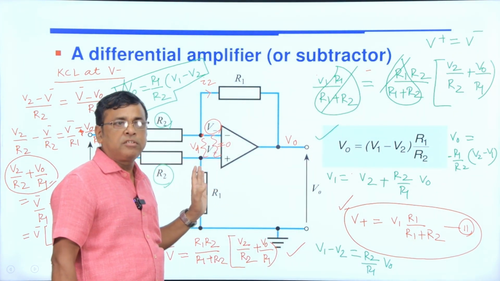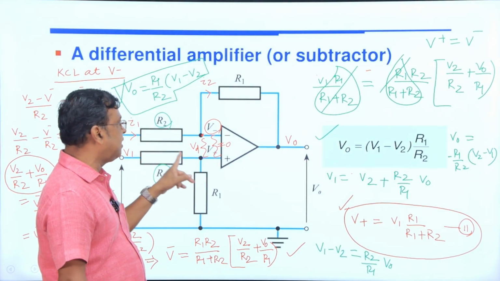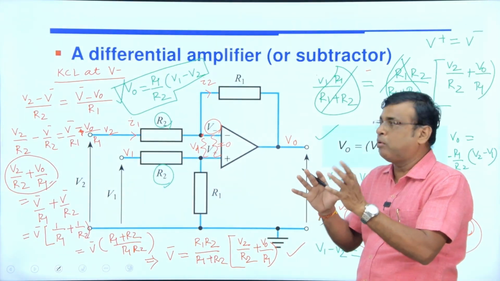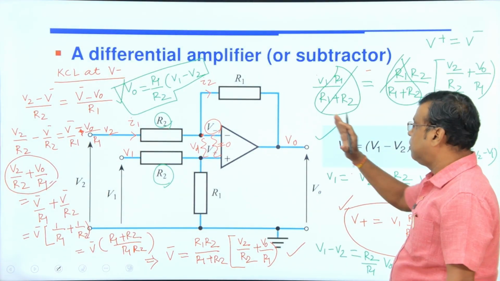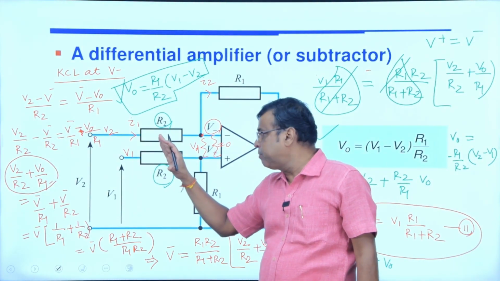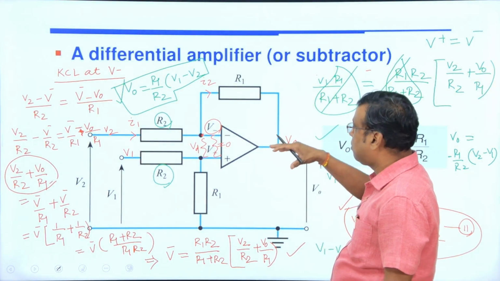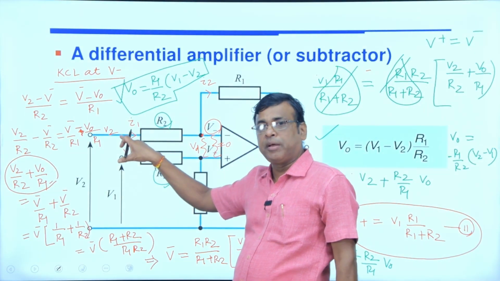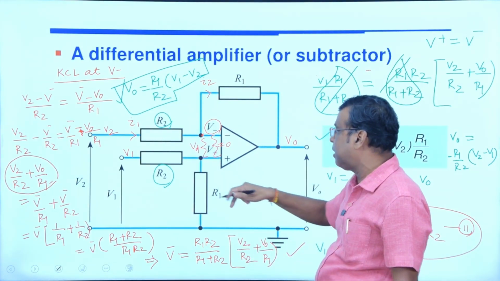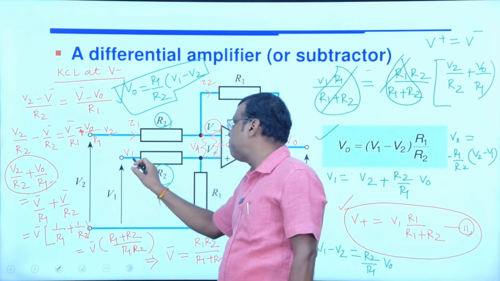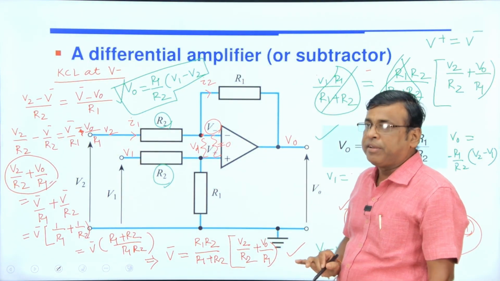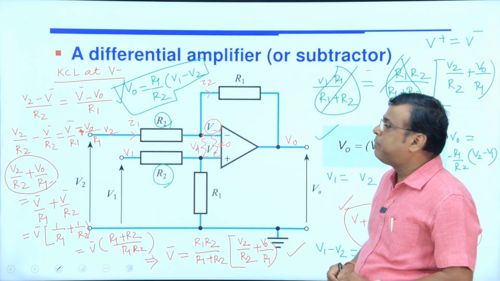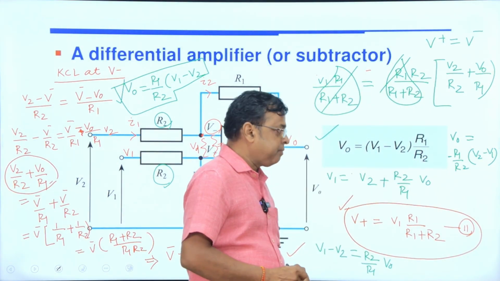Suppose there are different resistors R1, R2, R3, R4, then you will get some combination of these values into this voltage minus this voltage. If the output is positive, this voltage is higher and this voltage is lower, obviously V1 minus V2 with no negative sign. That's why we say a differential amplifier is nothing but a voltage subtractor.